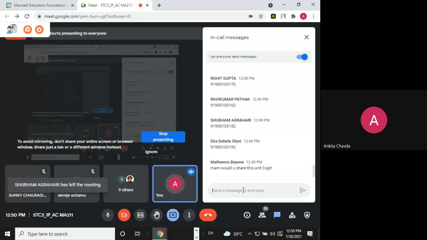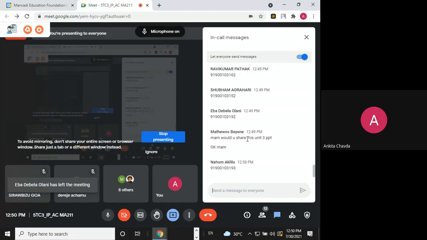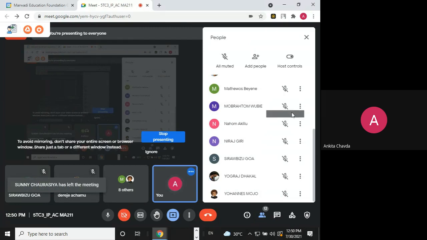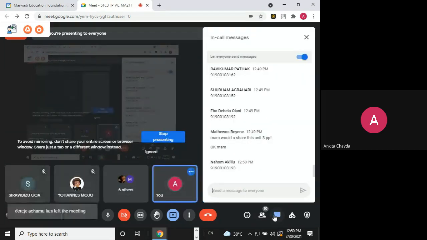I'll upload it. We have the last paper. Everybody, please write down your number if you have not yet written. Ruby, Neeraj Giri, Yograj, Mojo. If anybody still remains to write their numbers, please write quickly. I'm about to end the session.